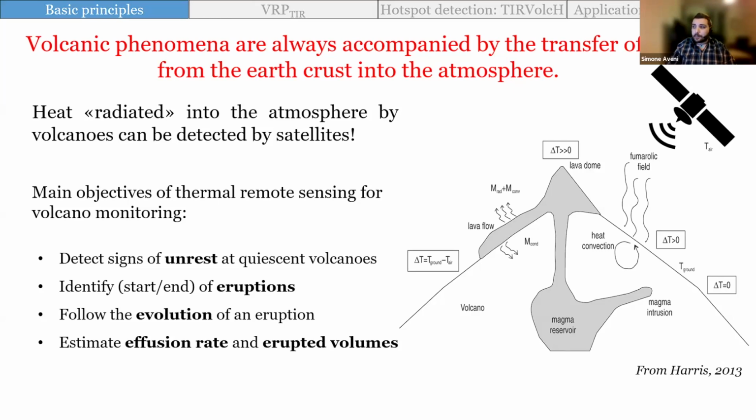So here in the schematic representation to the right, you can see a number of volcanic features that, of course, produce heat. The 3 major mechanisms of heat transfer at volcanic systems are radiation, convection, and conduction. From a satellite perspective, the most straightforward parameter that we can measure is the heat lost by radiation, and this is what we will focus on today.